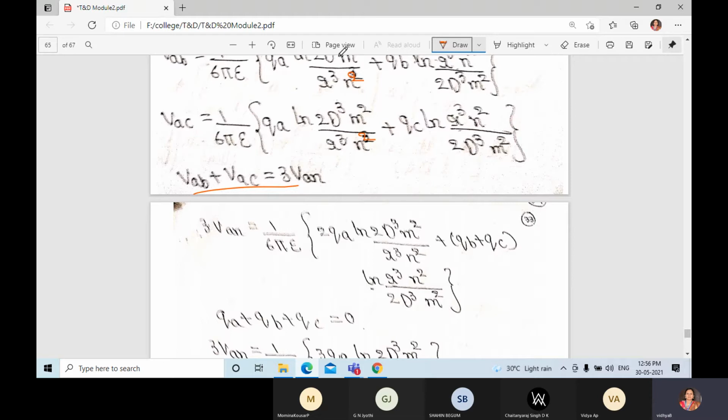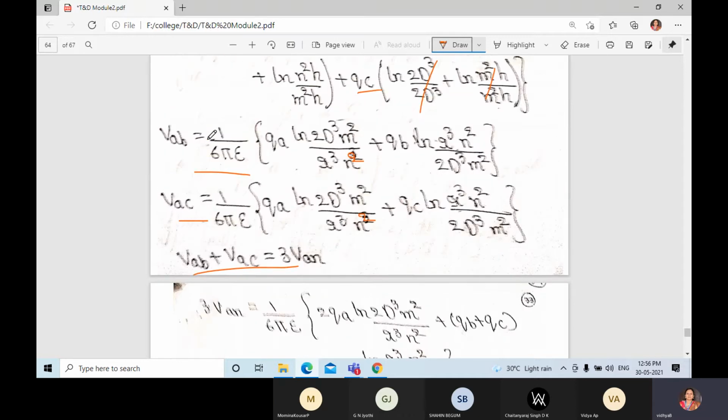They have added this equation and this equation. You can observe when you see these two equations, here instead of writing QB, they have written QC because we are writing VAC. We are changing the second term.